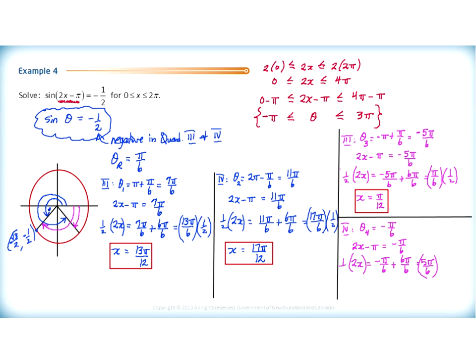Multiply both sides of the equation by 1/2. And we get x is equal to 5 pi over 12 as another solution. And that represents all the solutions for this trigonometric equation. So the answers then would be given by pi over 12, 5 pi over 12, 13 pi over 12, and 17 pi over 12. And that would be the answers to solve this equation.